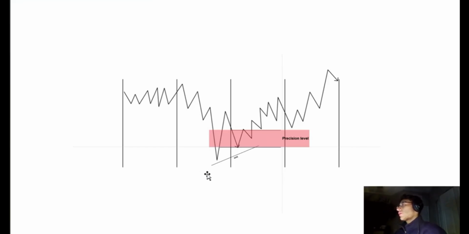Right there would be some sort of PD array. It could be an order block, the bottom of a fair value gap, a rejection block, even an inverse fair value gap. It could be anywhere. The only thing that matters is that there needs to be a failure swing, and some sort of reaction to that level. That's the first step to discovering where the precision level is.